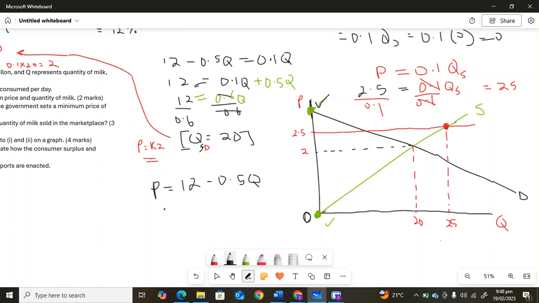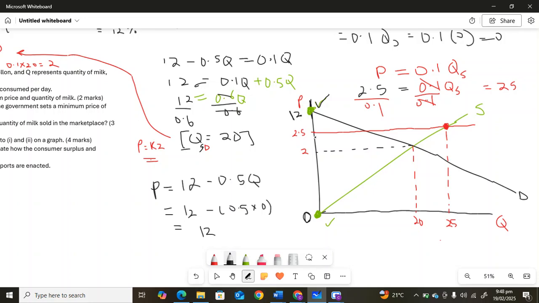So if we equate Q to 0, it will be 12 minus 0.5 times 0. So 0.5 times 0, that is 0. 12 minus 0, that is 12. So this value here on top is 12. Any questions, colleagues?